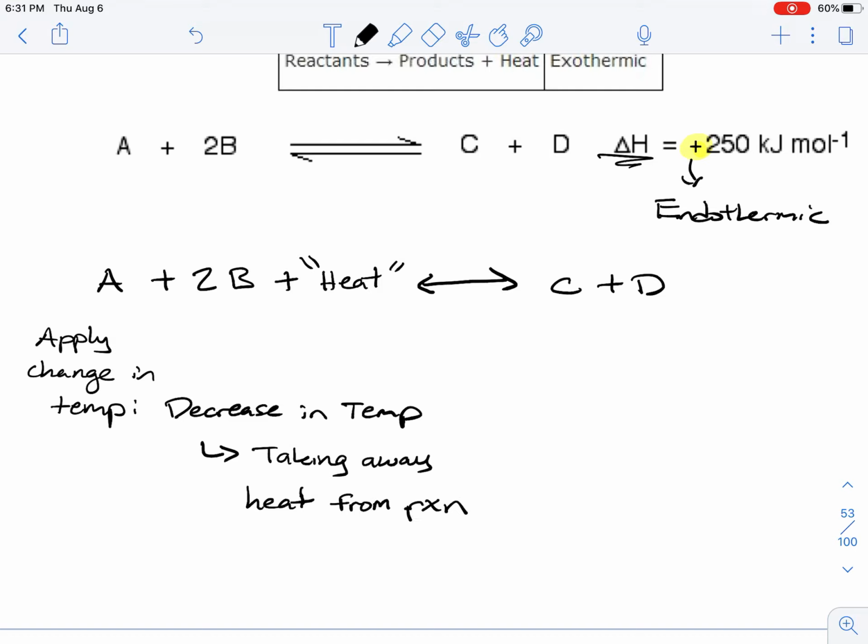If we treat heat as a reactant, then we're decreasing its concentration.